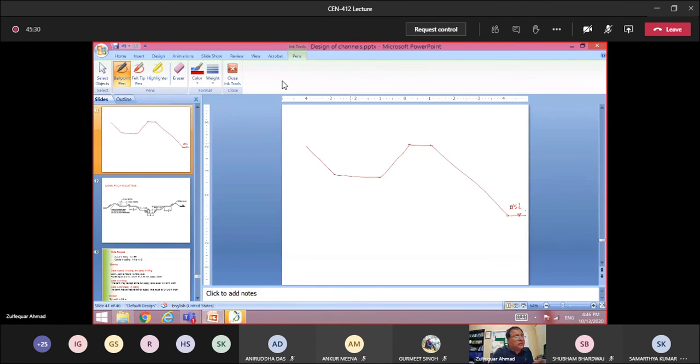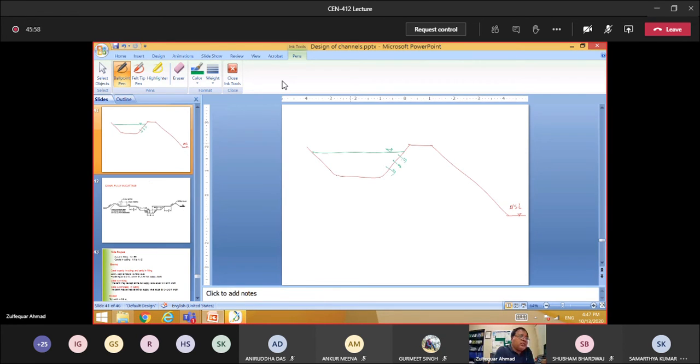The water level is this, the water level in the canal. Now this water will seep because this is an alluvial canal. Even though this is a lined canal, there will be seepage of water, because the canal lining is not 100% waterproof. The water will seep through this, right?